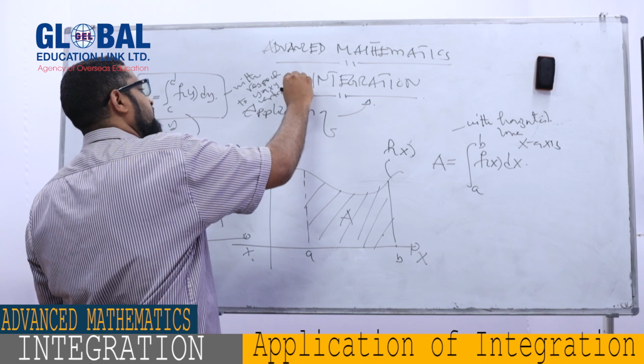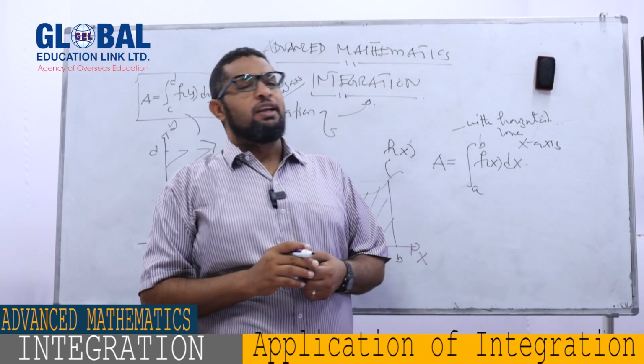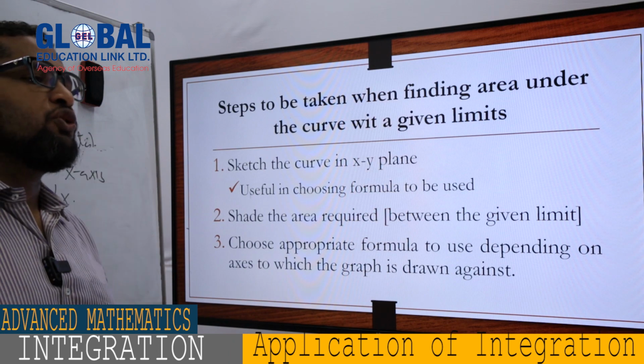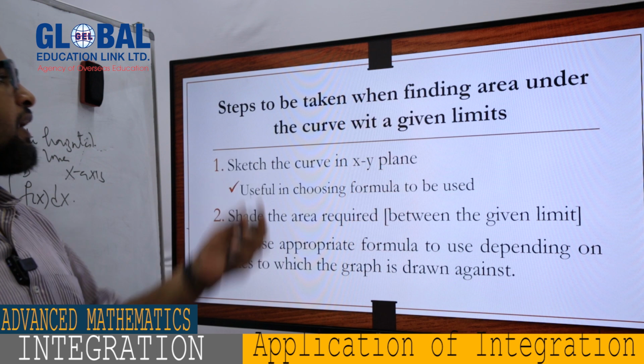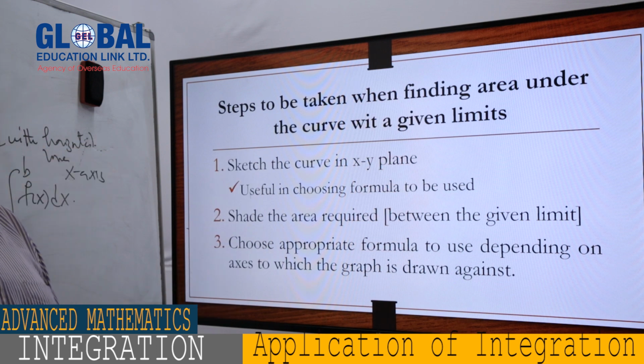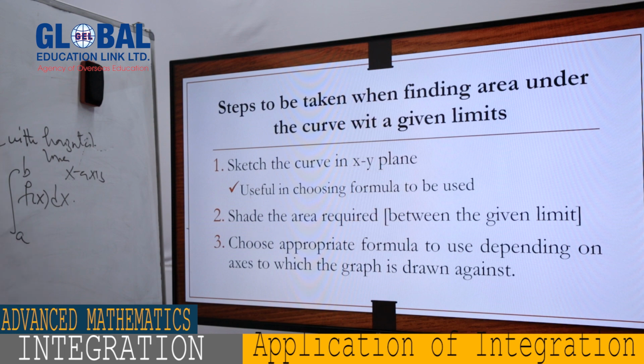Now in that part, let's see what are the key steps that you are supposed to undertake when finding the area under the curve with the given limit or with the given domain of that function.